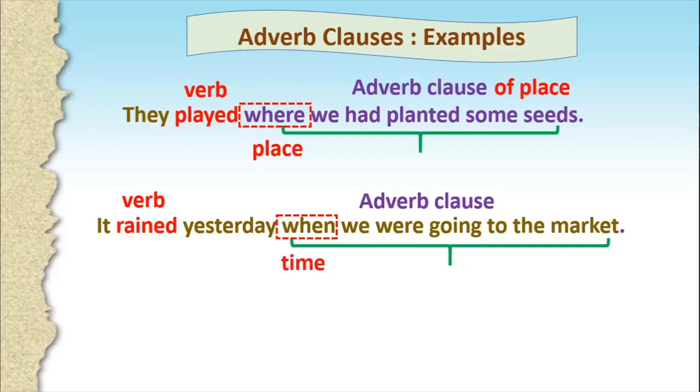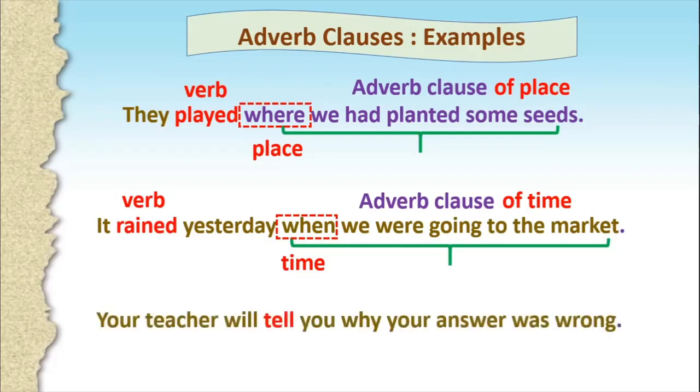We are talking about time when we use the word when. So this particular adverb clause, when we were going to the market, is an example of adverb clause of time. Simple, isn't it? Next example, your teacher will tell you why your answer was wrong.